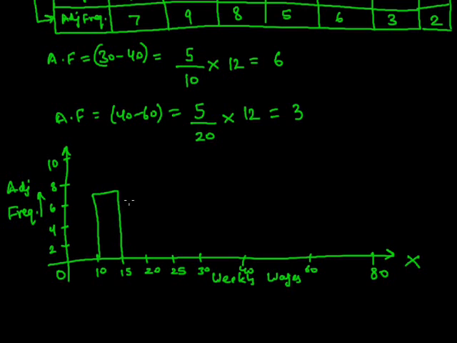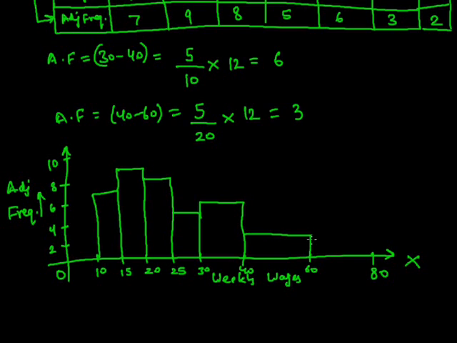For 15 to 20 it is 9, so we plot it at 9. For 20 to 25 it is 8, so we take it at 8. For 25 to 30 it is 5, which will come between 4 and 6. For 30 to 40 the adjusted frequency is 6, so we plot it at 6. For 40 to 60 it is 3, and for 60 to 80 it is 2.